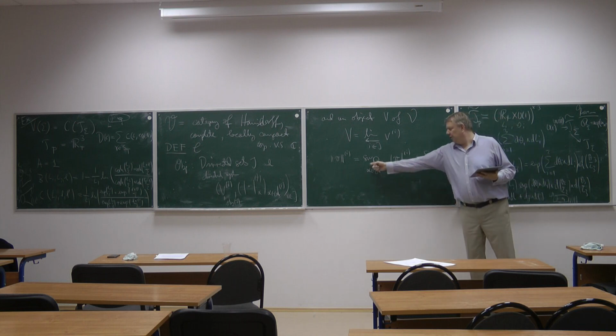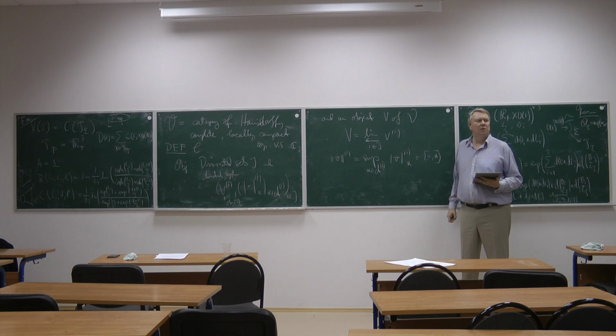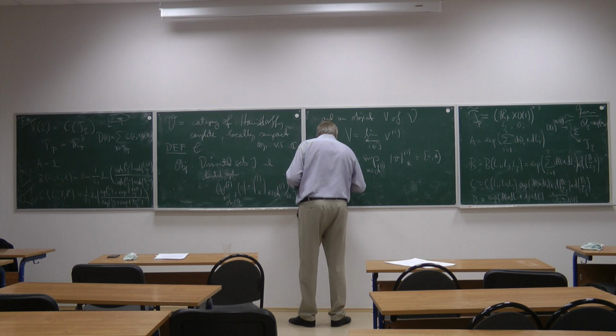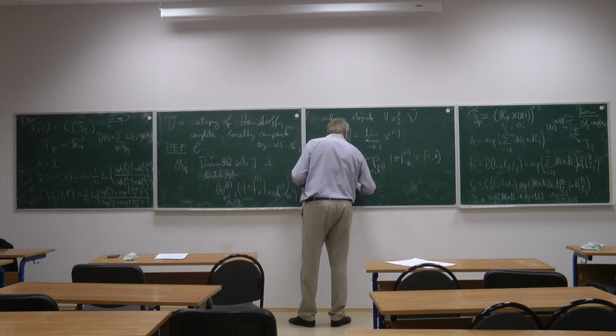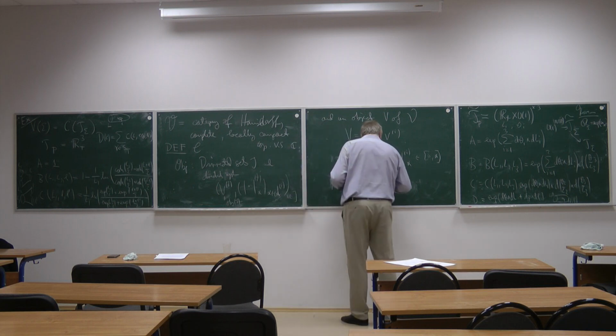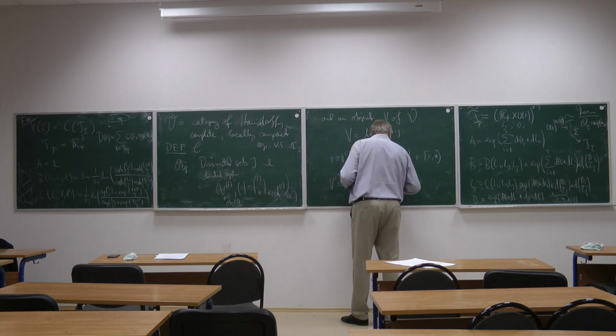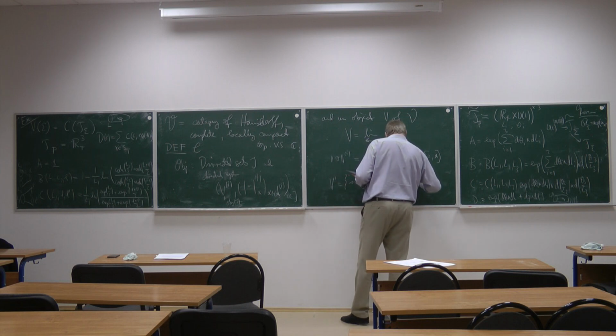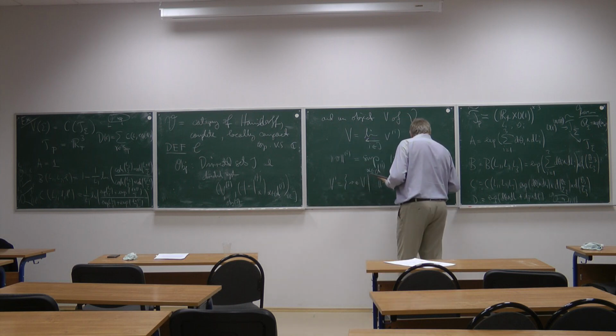Because when you take supremum over all semi-norms, this could be infinite. That's fine, I just allow this to be of infinite value. And then I define V prime to be the v's in the limit space, such that all of these guys are finite, for all i and j.